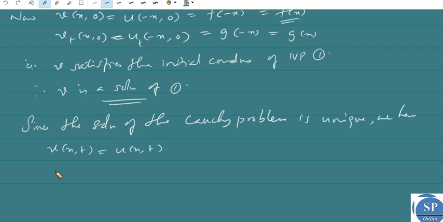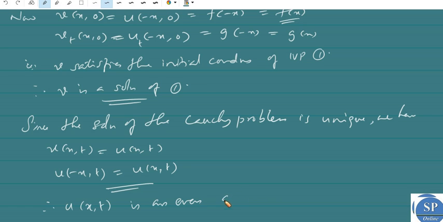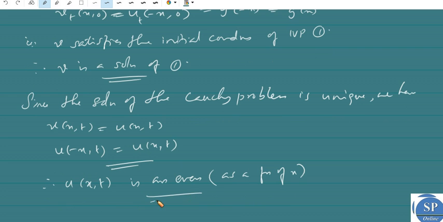But we know v is nothing but u of minus x comma t, so u of minus x comma t equal to u of x comma t. Therefore u of x comma t is an even function. The solution u of x comma t is an even function as a function of x. So we have proved that if small f, small g and capital F are even functions of x, then the solution is also an even function.